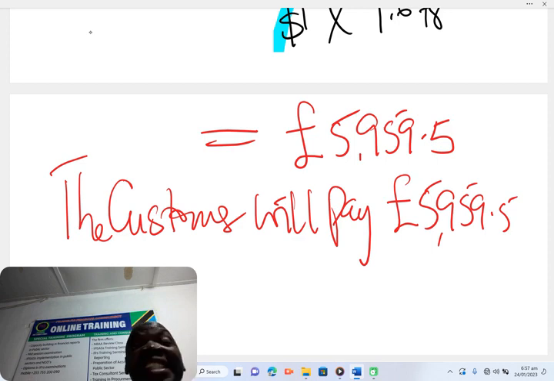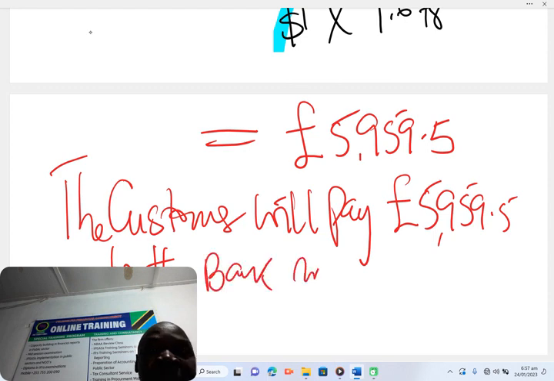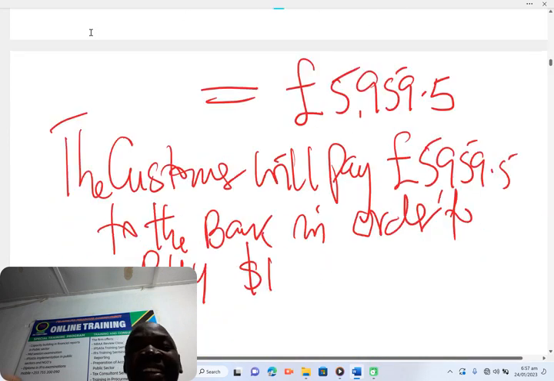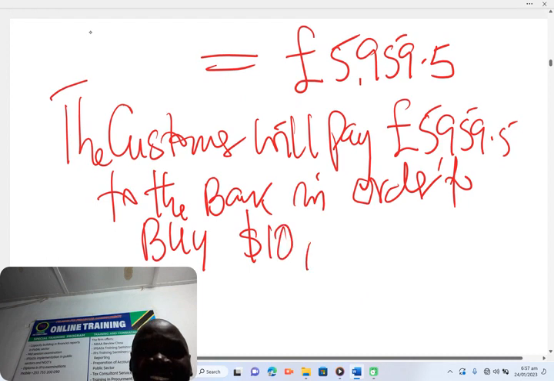Will pay this amount of pound to where? To the bank, in order to buy how many dollars? Is it 10,000? Yes. So you see how it works.